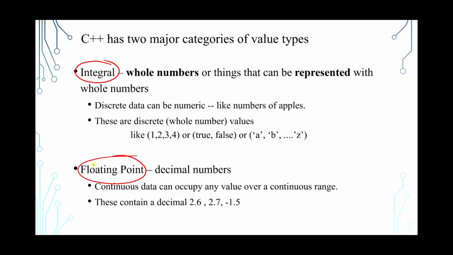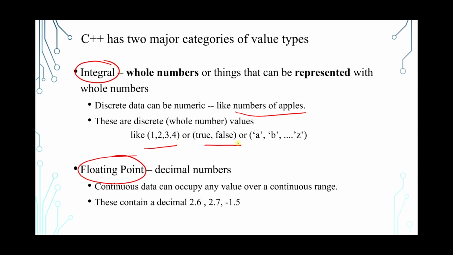Integral types are whole numbers or things that can be represented with whole numbers. Basically it's discrete data. Discrete data can be numeric, like numbers of apples. These are discrete whole number values, like 1, 2, 3, 4, or the negatives, -1, -2, -3, and so on.